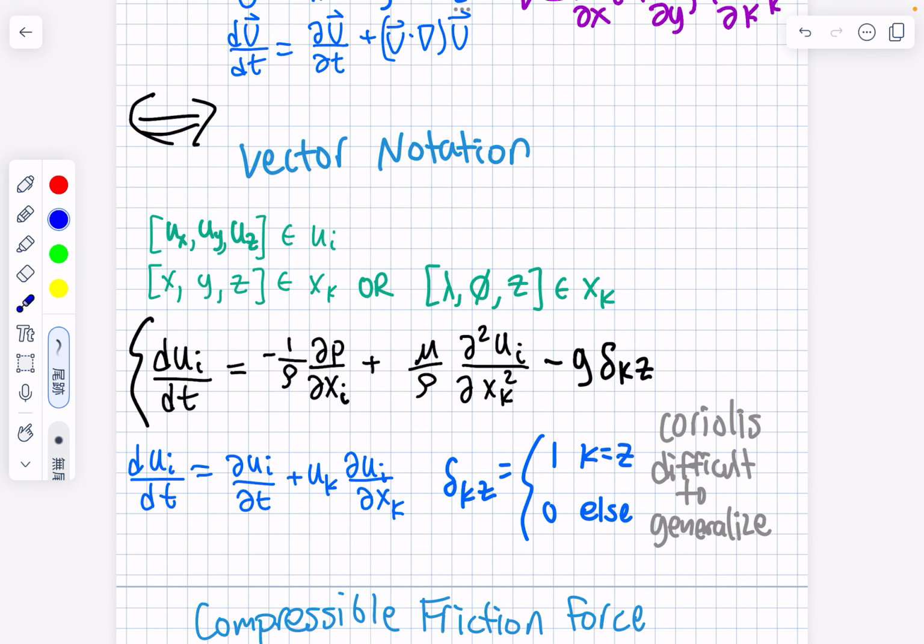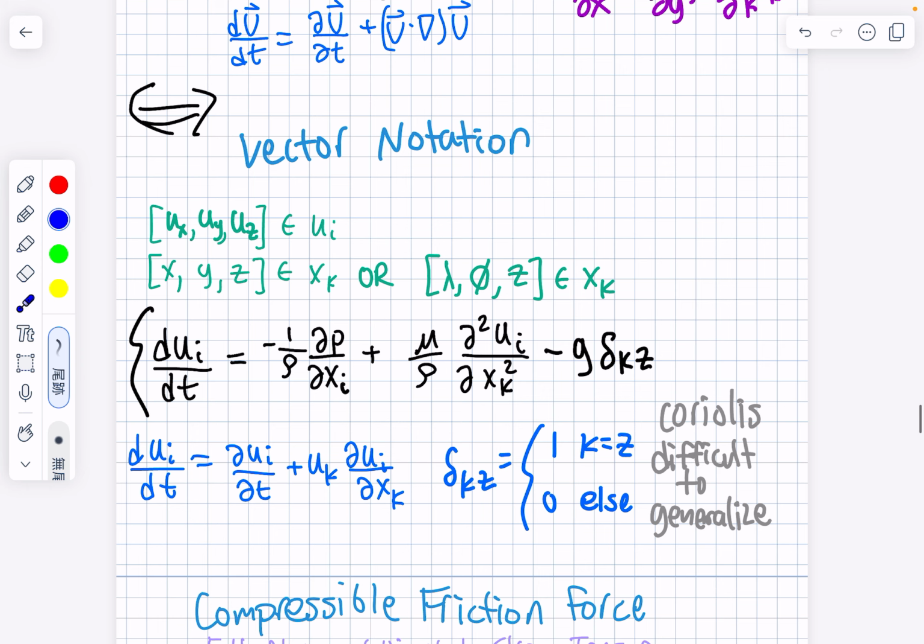And so basically we define this thing called ui, where i could be equal to x, y, or z. So really the things that ui can contain could be ux, uy, uz. On a computer we could call it u1, u2, u3.